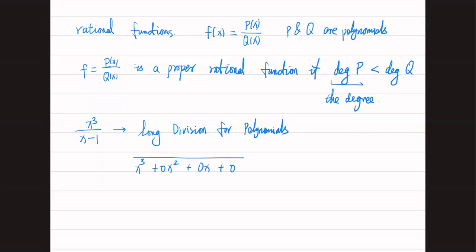We divide by x minus 1. So Kina, have you done long division for polynomials before? Let's go over it. Where do we start? What's the first step? x cubed, x minus 1.